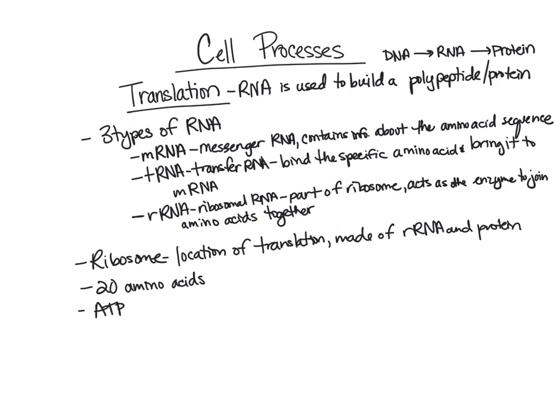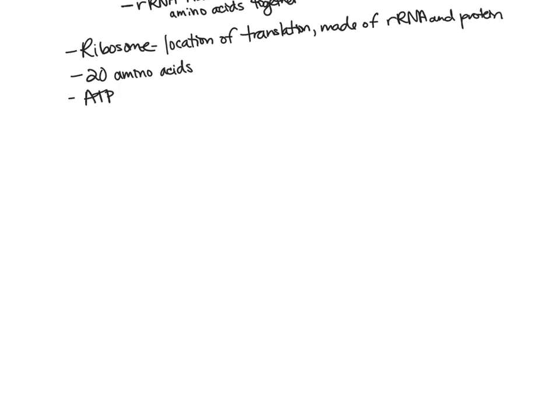So in translation, what we've been talking about is encoding information, right? We've talked about how DNA contains the information for the RNA, and then the RNA contains the information to make the protein. So what does that mean? What that means is we have something called the genetic code.